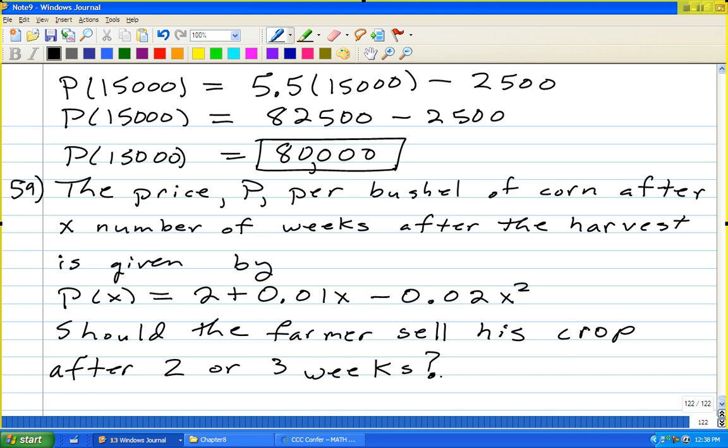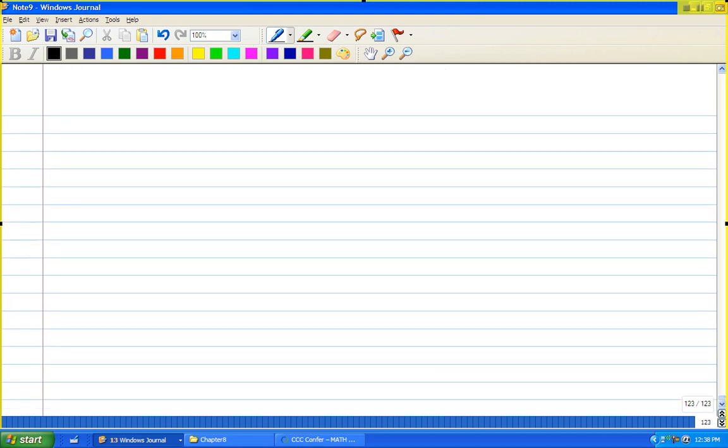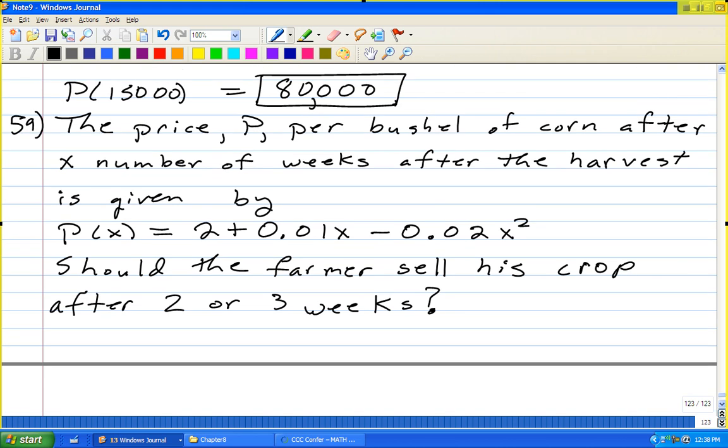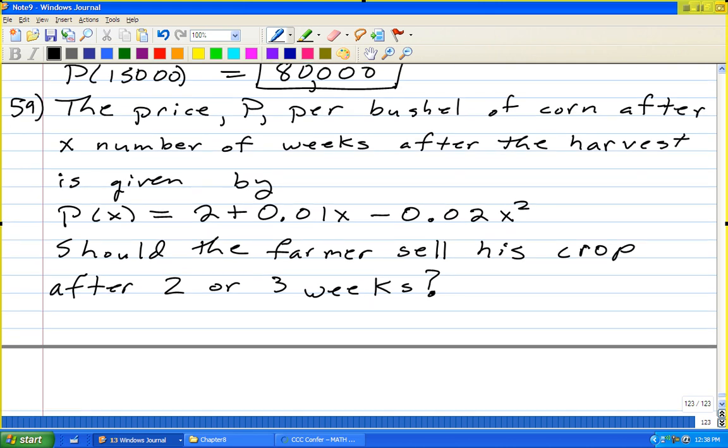Okay, so let's see if you should wait 2 or 3 weeks after the harvest to sell. He obviously wants to sell it when the price that he can get is higher. And so let's see what the price is after 2 weeks.